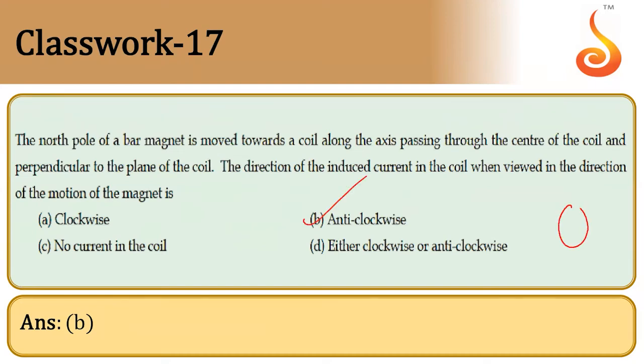If you move the magnet like this, this is the north pole, this is the south pole, then here a north pole will be formed. To form a north pole, current will be in the anti-clockwise sense. When you move the bar magnet away, then current will be clockwise.